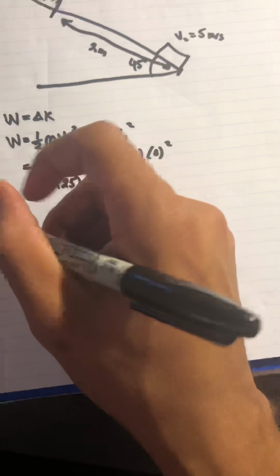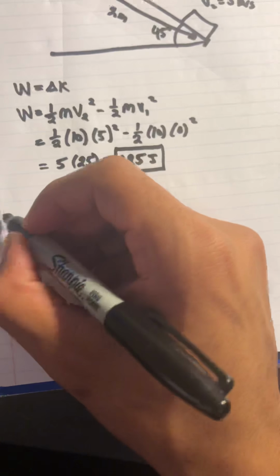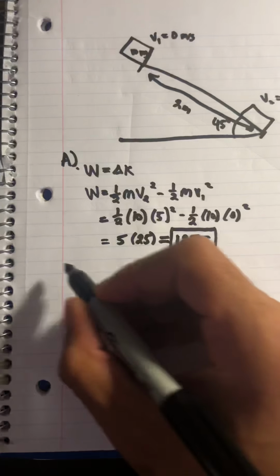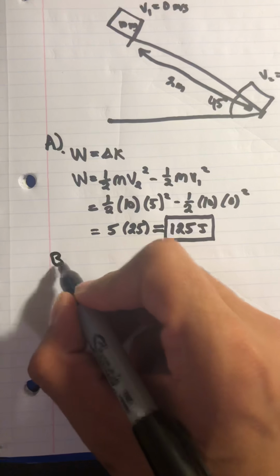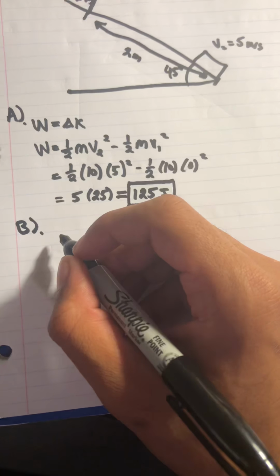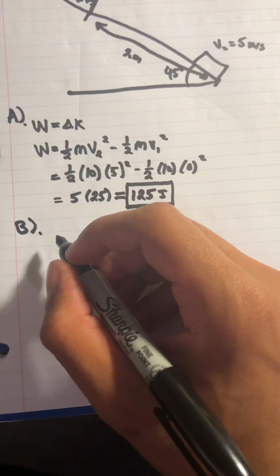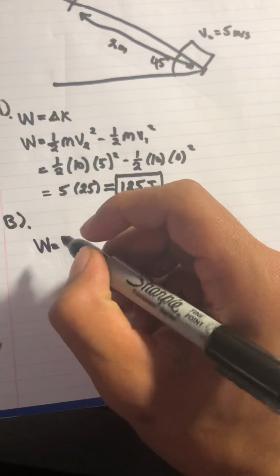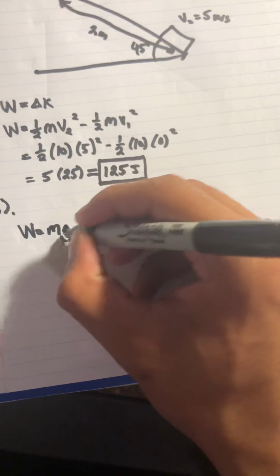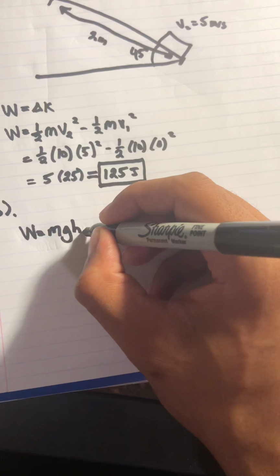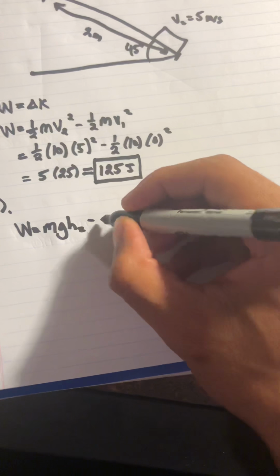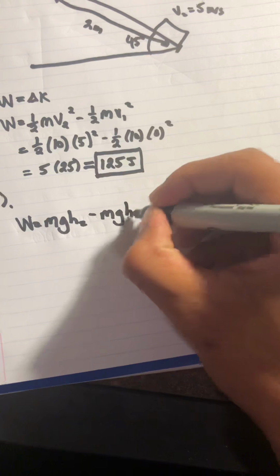For that, we can use the equation. Let's make this part A. Then we can do part B. For part B, looking for how much work gravity has done, that would be work equals mass times gravity times height 2, the final height, minus mass times gravity times the initial height.